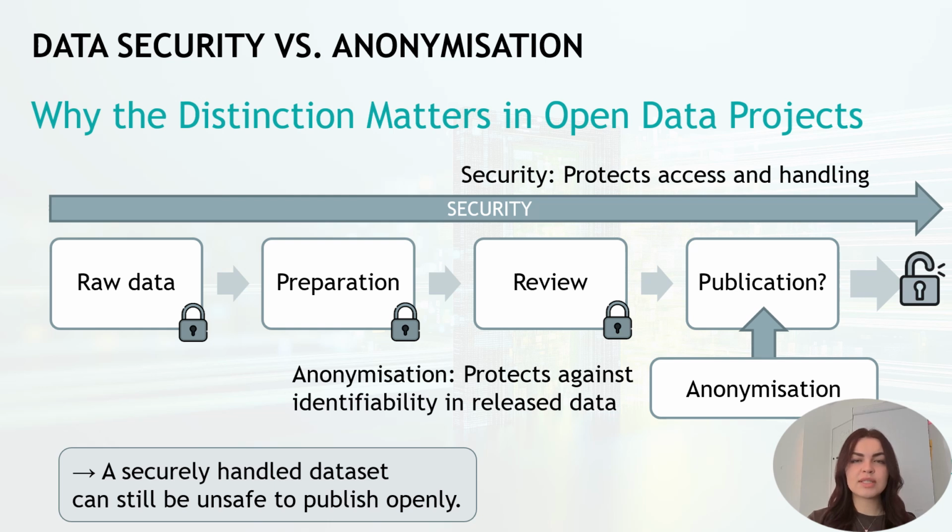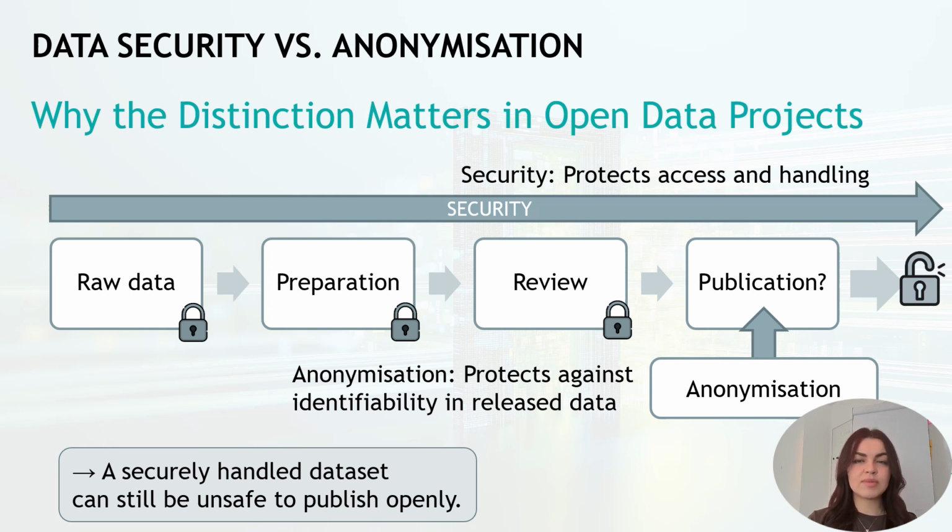It reduces risks such as wrong uploads, exposed files, and incorrect permissions. Anonymization, on the other hand, addresses a different question: whether the content of the release data can still reveal identities directly or indirectly. That matters especially before a dataset is published openly.